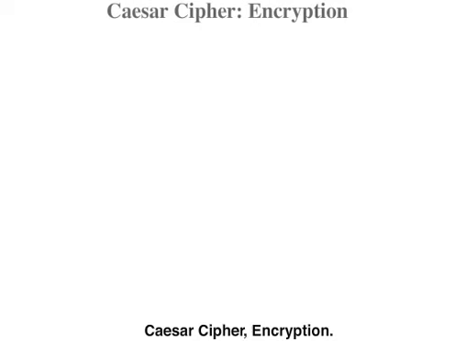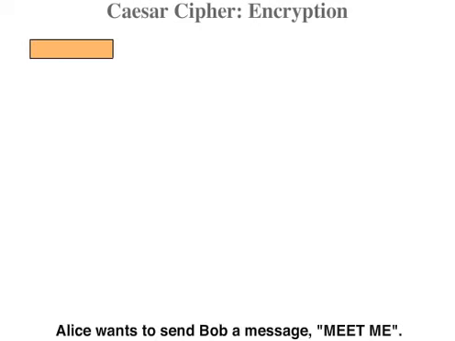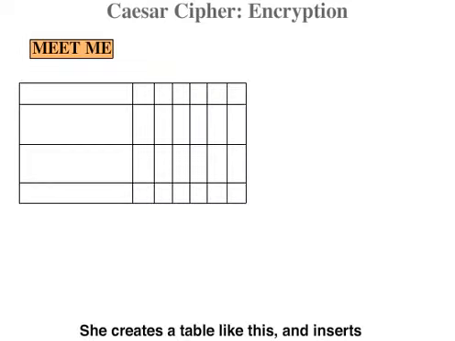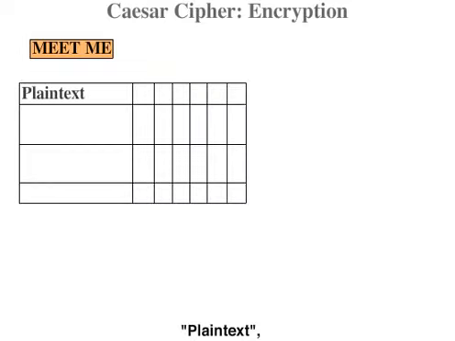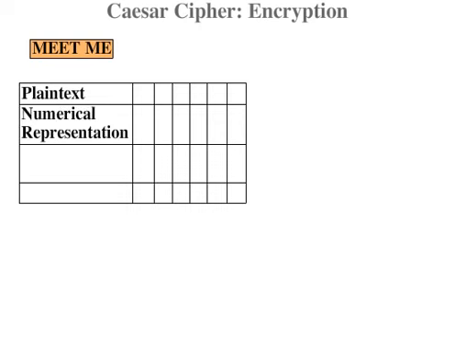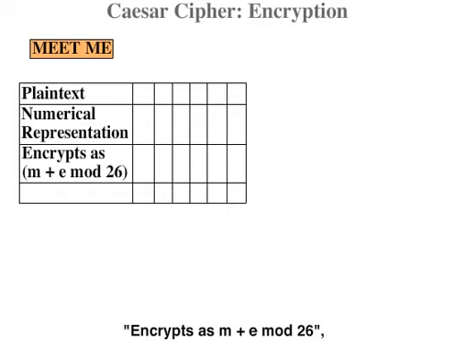Caesar cipher encryption. Alice wants to send Bob a message, meet me. She creates a table like this and inserts plain text, numerical representation for plain text, encrypts as M plus E modulo 26, and ciphertext.